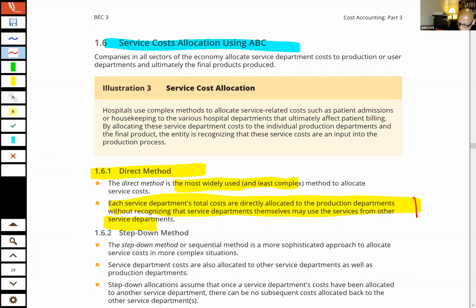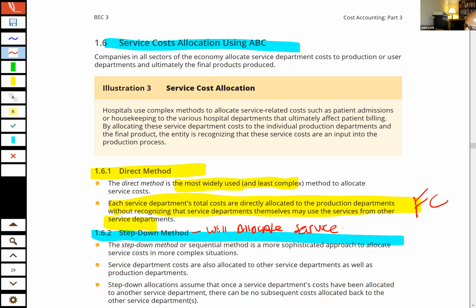Thus, we're going to see that the step down method will, and you can go ahead and highlight that in flashcard, will allocate service department costs to other service departments.